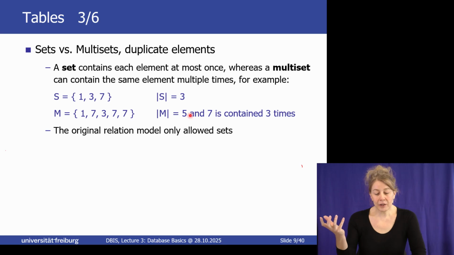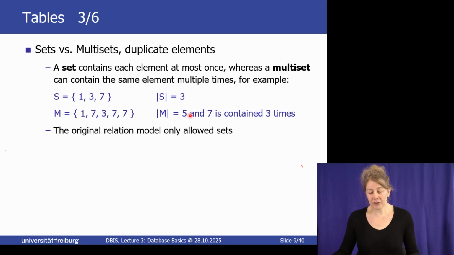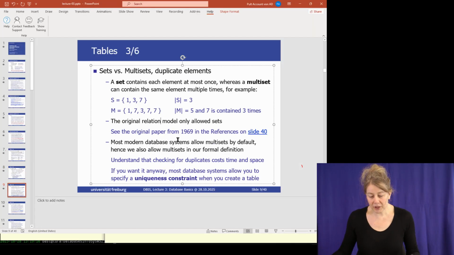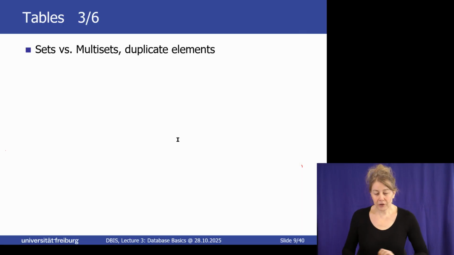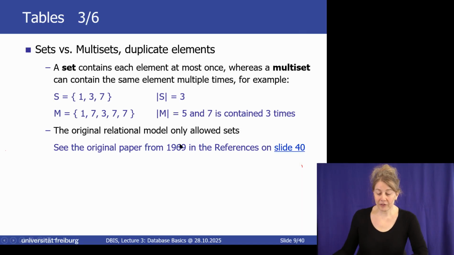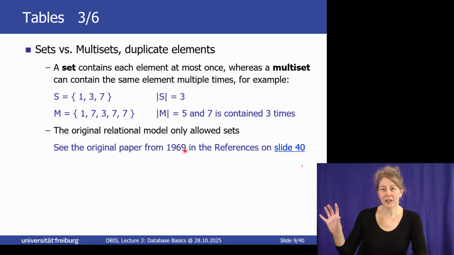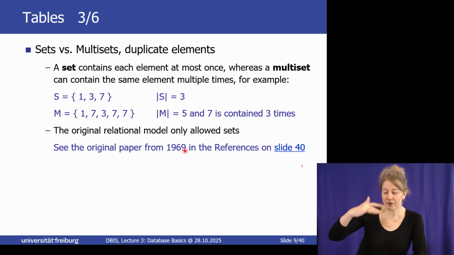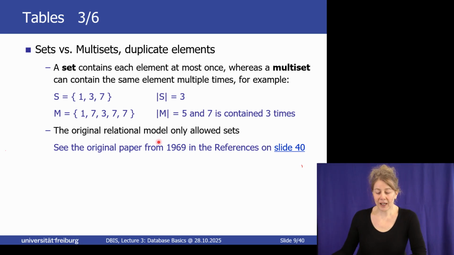The original relational model, there's a small mistake here, it should be relational. So the original database paper, which defined this relational model, so everything is tables and defined like on the previous slides, from 1969, it just said sets, not multisets. So you can't have the exact same row multiple times.